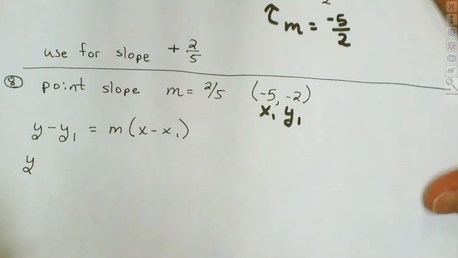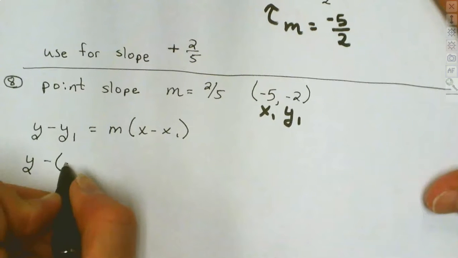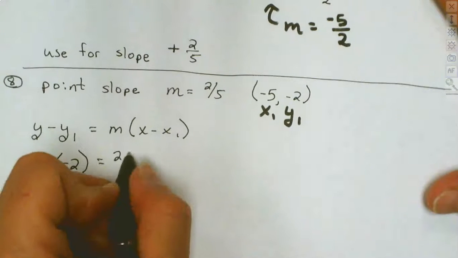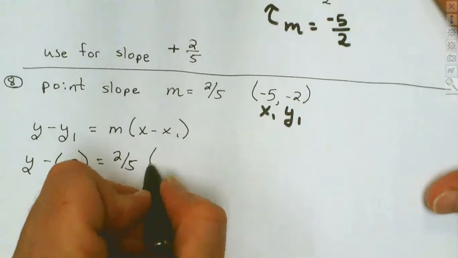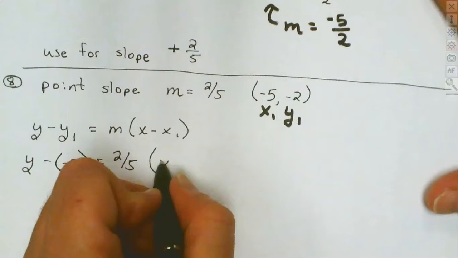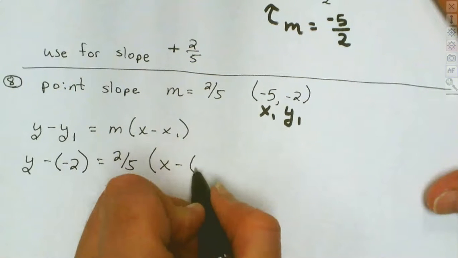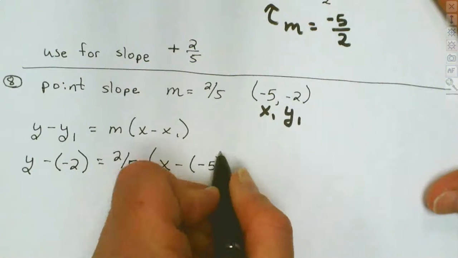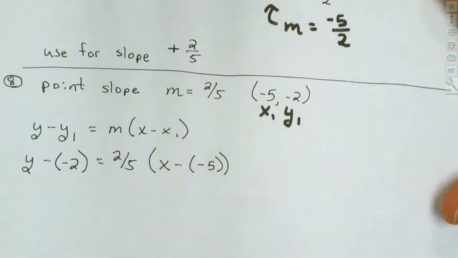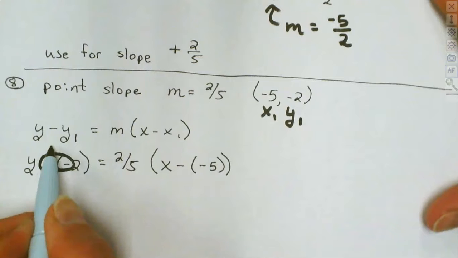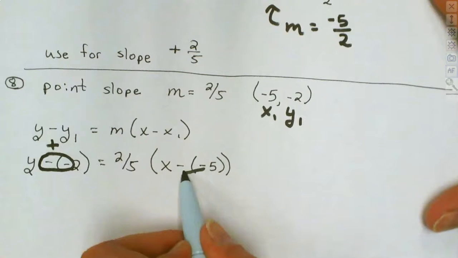So we've got y minus a minus 2 equals 2/5 times x minus a minus 5. So we're going to go ahead and get rid of the double negatives. That's going to make those positive.